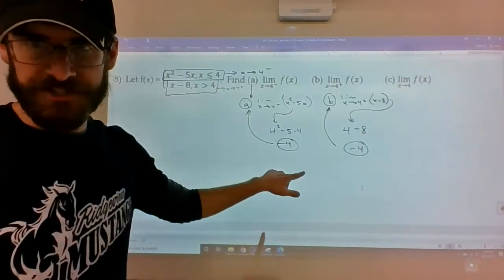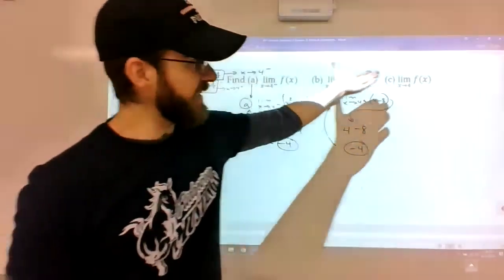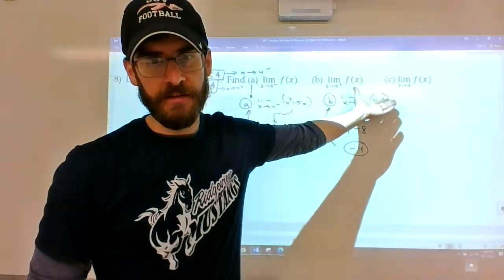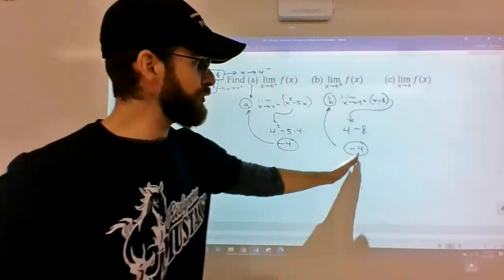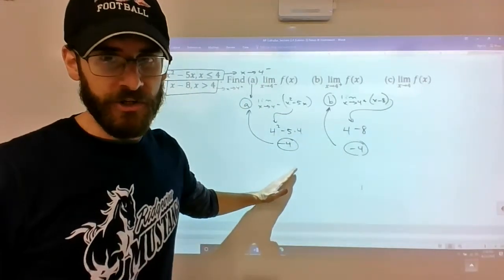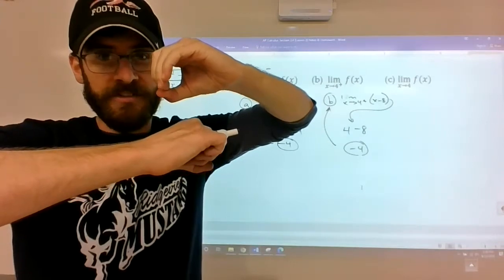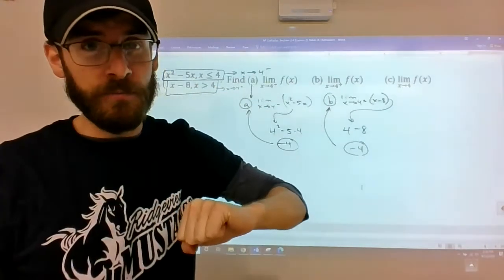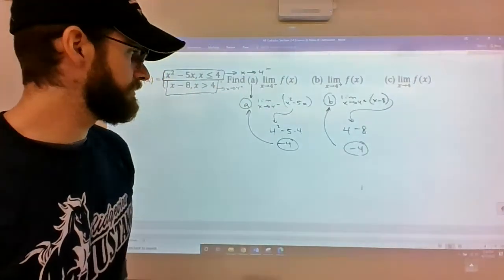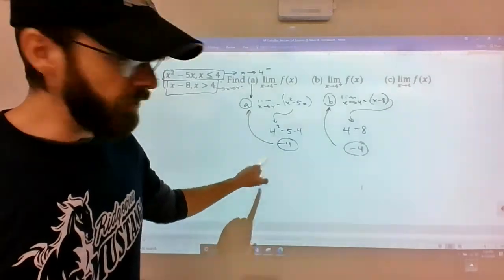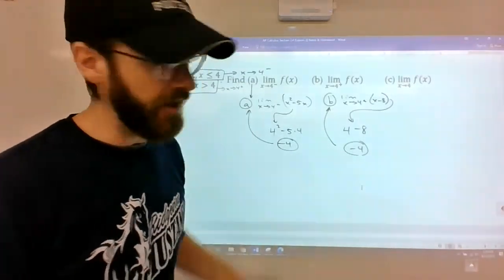And that's really the test for whether or not you're even going to get an answer for part C. If these two don't match up to the same y value, it means you've got like a break in the graph, all right? Where it's like they don't converge to the same value. Does not exist. But for this particular example, they do converge to the same y value.